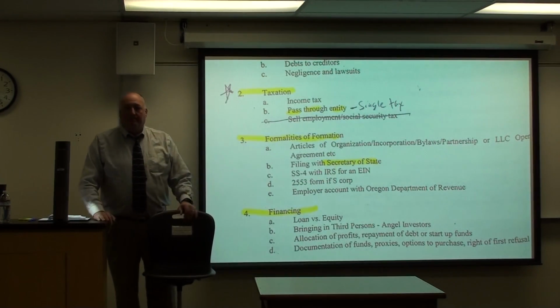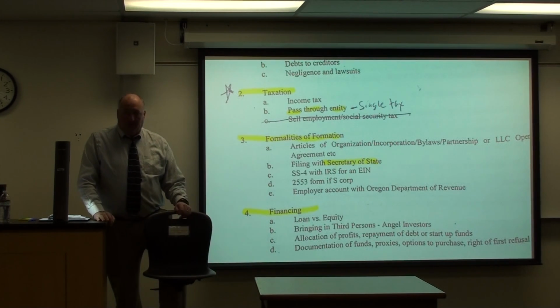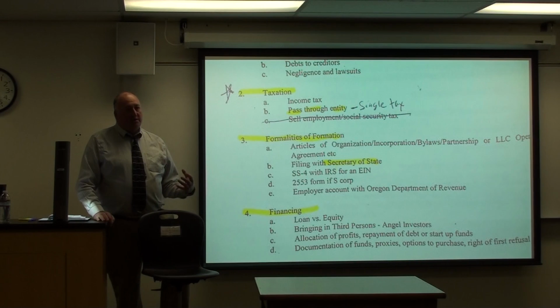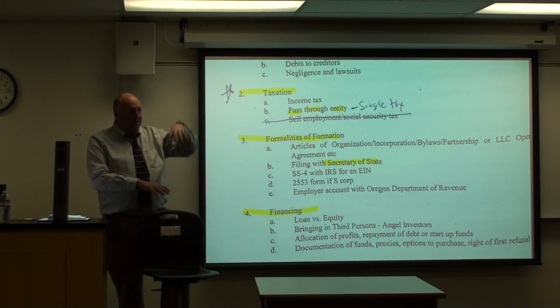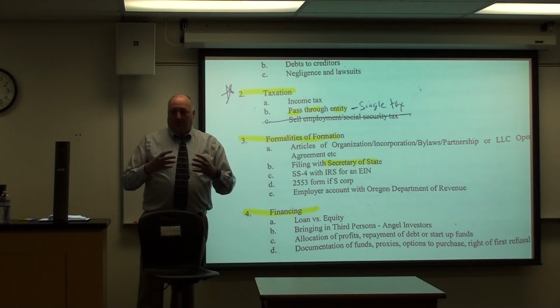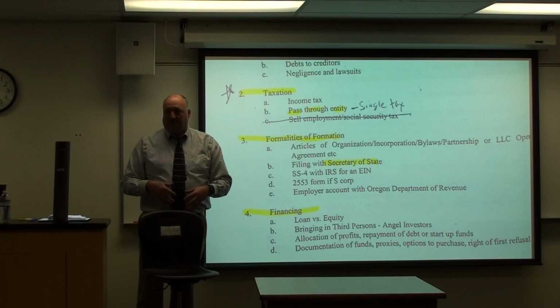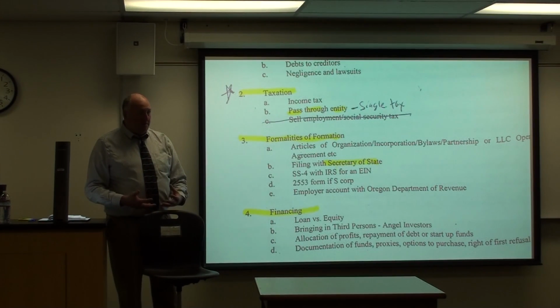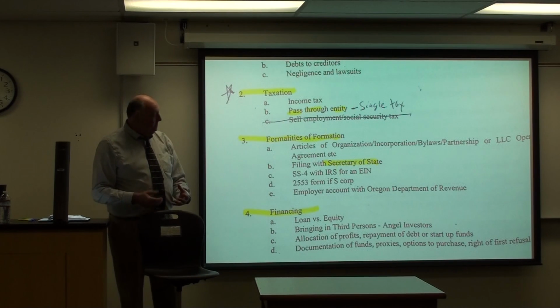This is a term used in accounting and tax law to refer to the type of business structure where the profits flow through the business down to the owners. The business itself does not pay tax on its profits. The owners will pay tax on the profits at their individual level. So we call it pass-through.